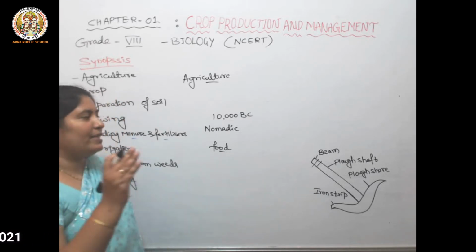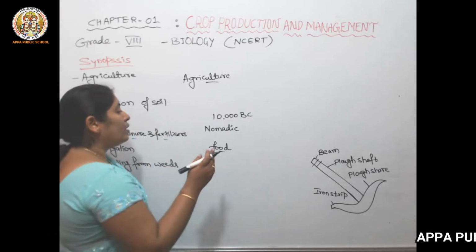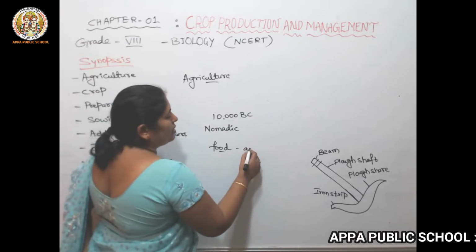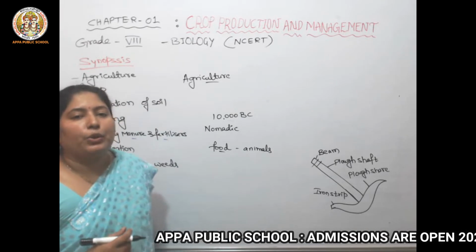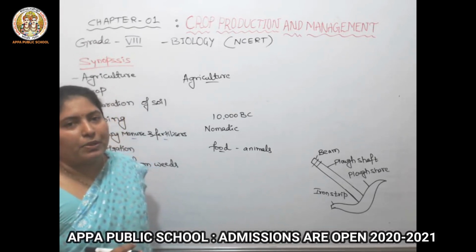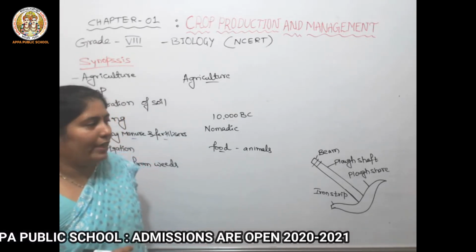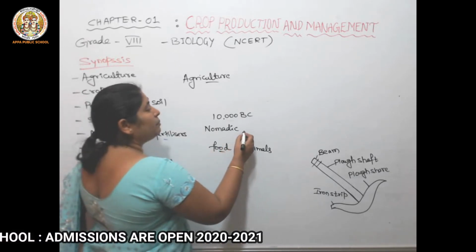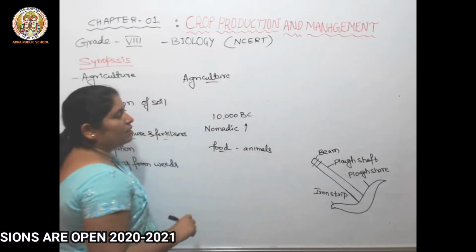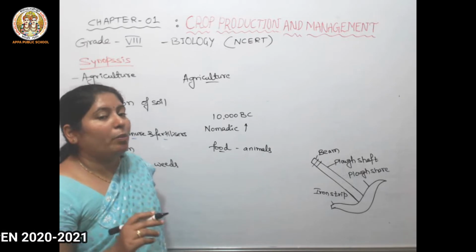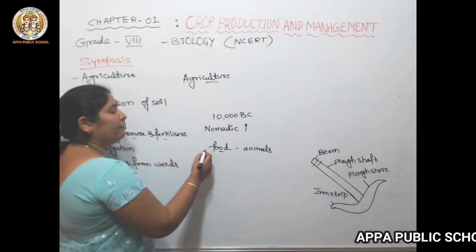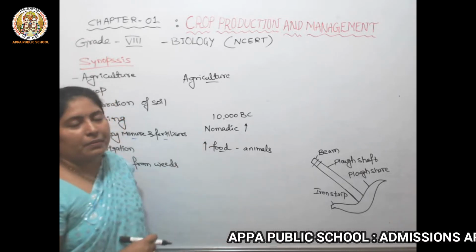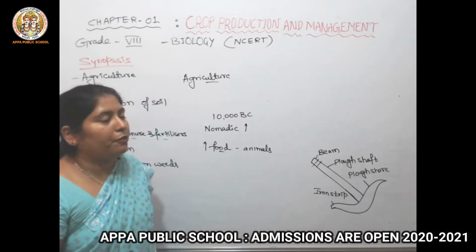Okay, and usually these nomadics or wanderers hunted animals and used them as food. Right. And when the population of the nomadics increased, the need for food also increased.